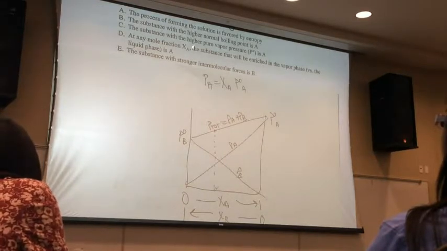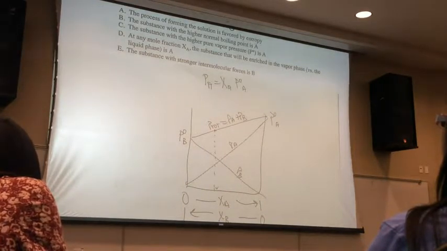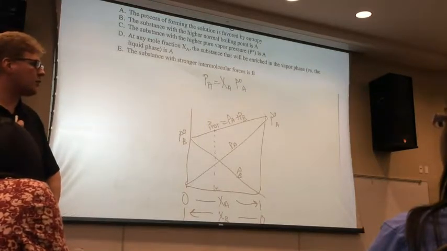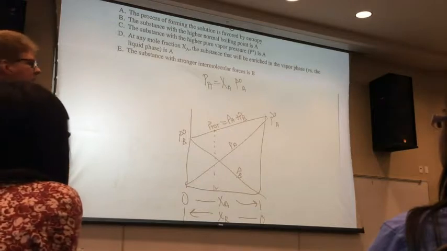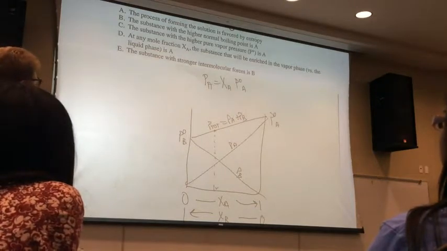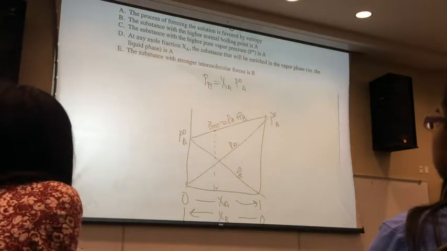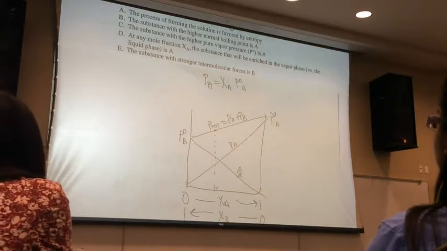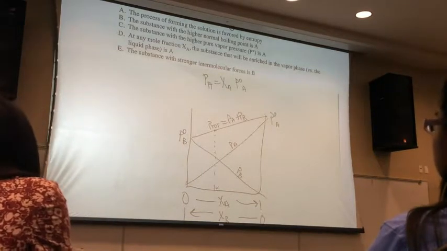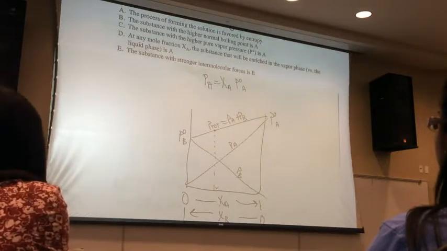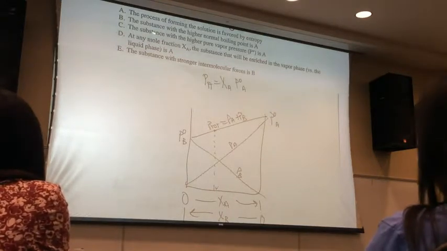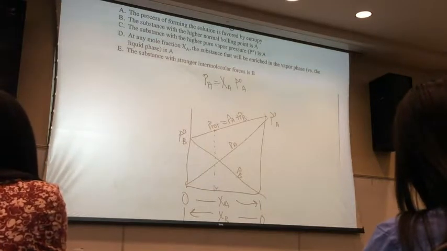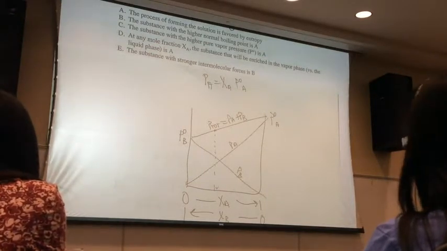B: the substance with the higher normal boiling point is A. Is that true or false? That's false, right? The higher normal boiling point will be the one that's less volatile, which we said was B. So statement B is false. C: the substance with the higher pure vapor pressure is A. Yes, we said that. This number is bigger than that number.